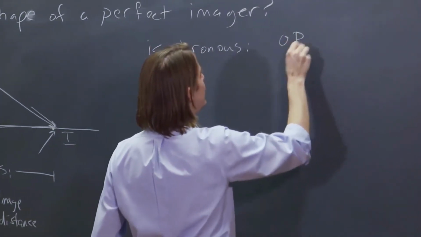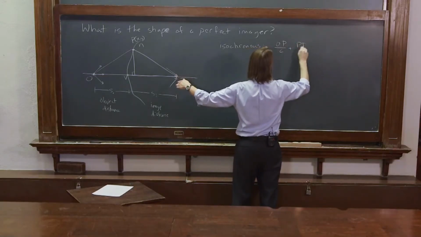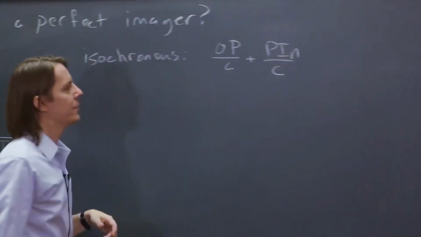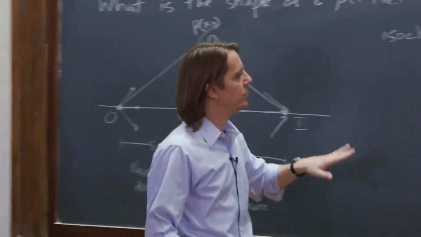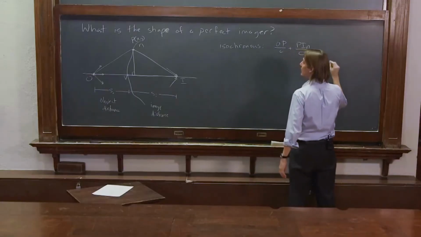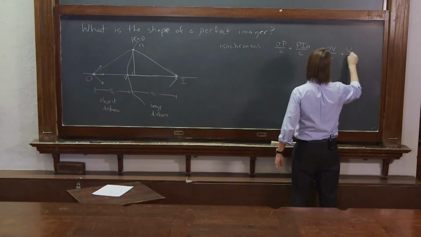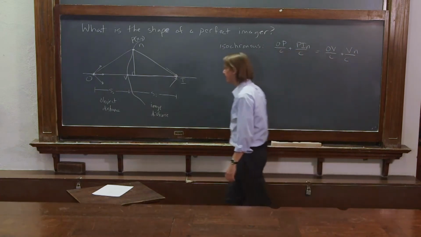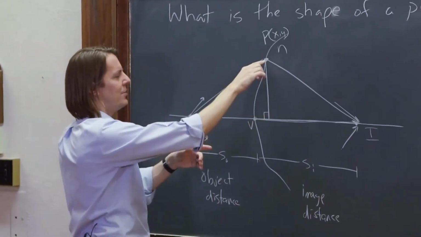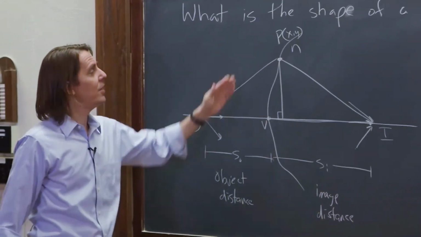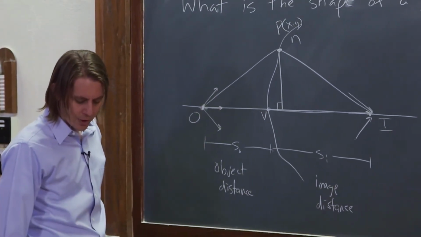So that would be OP over the speed of light, and then PI over the speed of light over n, so it's slowed down. That delta T for that ray has to be equal to this one, OV over the speed of light plus VI over the speed of light times n. You may ask how could that ever be at the same time? This one looks like it's going shorter, but this one would spend less time in the slower medium. So there are shapes that hopefully will make it work out.